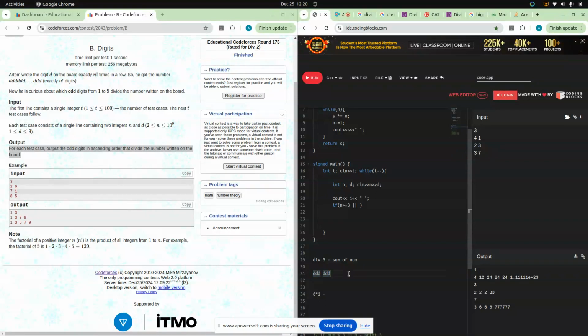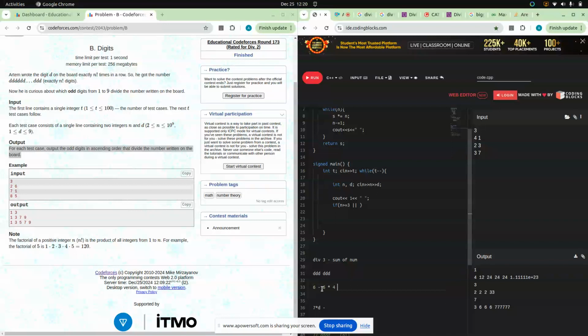What about if it is written seven times? Then it becomes 7 into d, which is not divisible by 3. But you know what the fun part is? 7 cannot occur, because we are not dealing with n, we are dealing with n factorial. Once I reach n factorial, which is equal to 6, the next factorial will be a multiple of 6 itself, which will be 6 into 4. 4 factorial is 3 factorial into 4, then 5 factorial is 4 factorial into 5.